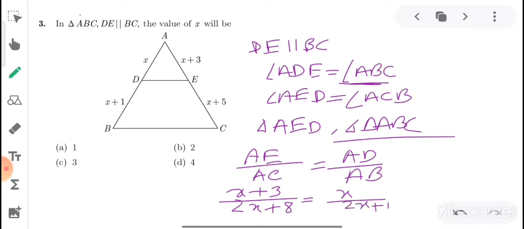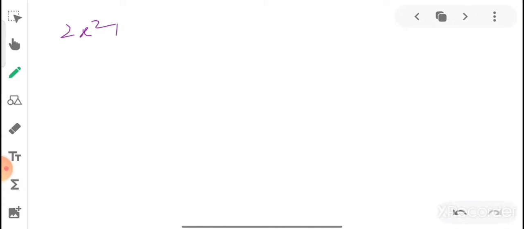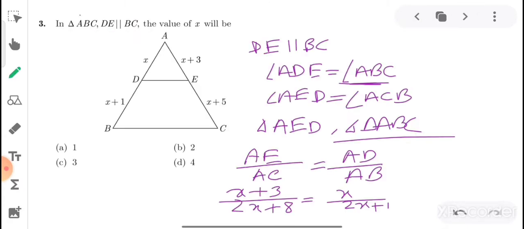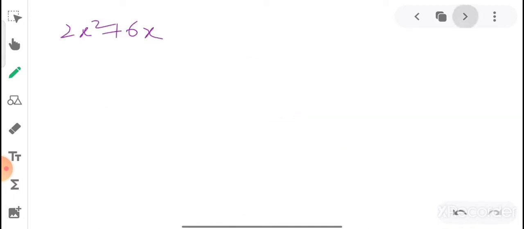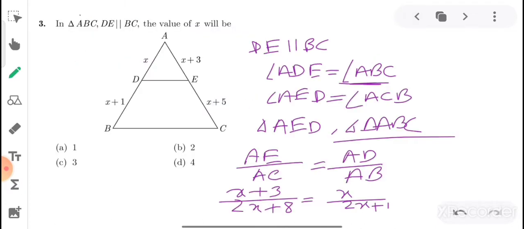Then if we cross multiply we get 2x square plus 6x plus x plus 3 and 2x square plus 8x. Then 2x square plus 7x plus 3 minus 2x square minus 8x equal to 0. 2x square omitted, then x will be 3. Then which option is correct? Then option C will be correct.